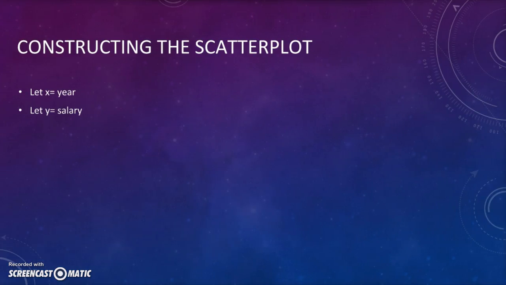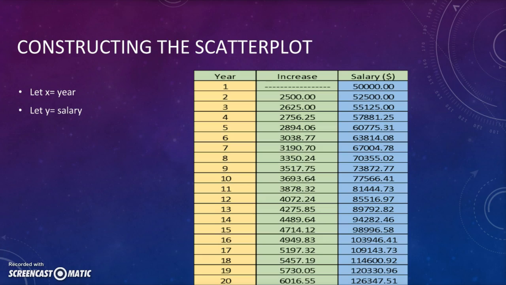Now we will construct a scatter plot for our data. We let x equal year because it's the independent variable, and we let y equal salary because it's the dependent variable. X is the independent and y is the dependent variable. We will also use the data from the constructed table.